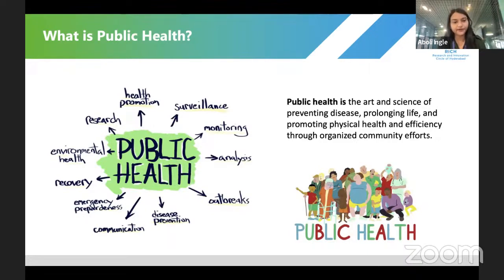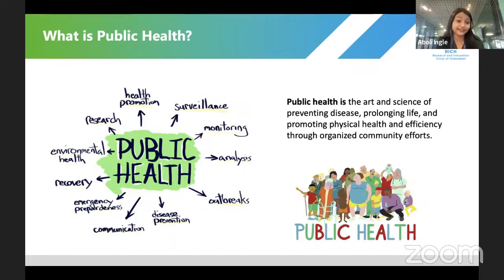All the efforts and interventions are targeted at preventing certain diseases. To give you a best example, we have intervention programs like immunization programs, where we immunize the population against particular diseases. The immunization process starts at birth.